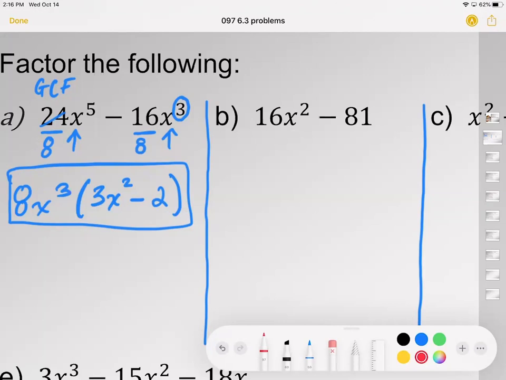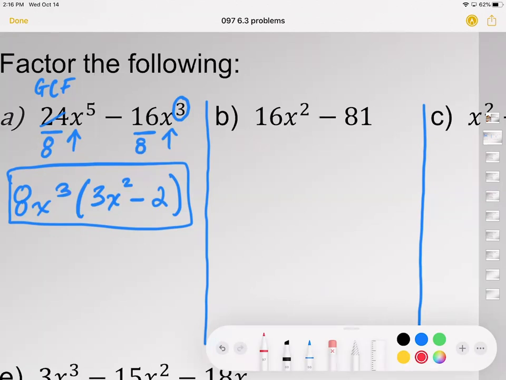Reminder, if you look at B and you say, well, there's nothing that can go into 16 and into 81, I agree with you, right? For 16, you have 2, 4, and 8, but 2, 4, and 8 cannot go into 81. And in 81, you have 3 and 9 that go into 81, and basically that's it, right?